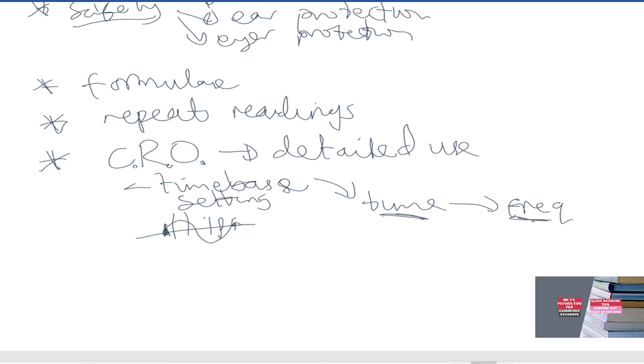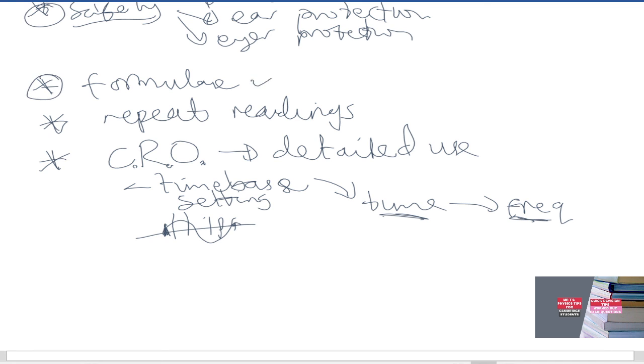Remember, there's always 1 mark awarded for safety, and then you have others where you need to state formulae that you may have applied in the methods of data collection, as well as mentioning that you're going to repeat readings and find the average and so forth. And then the detailed use of some equipment.